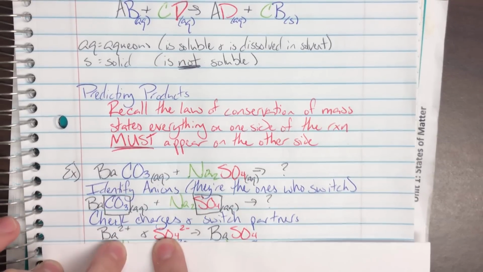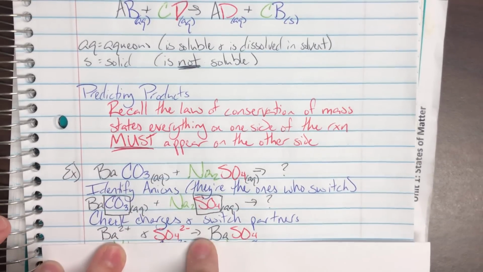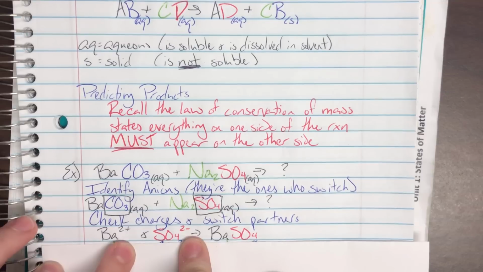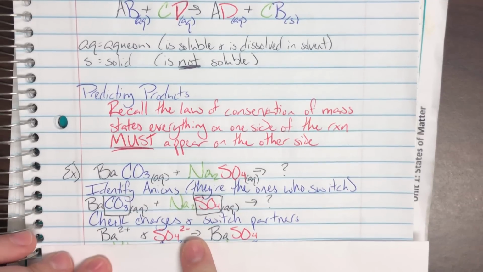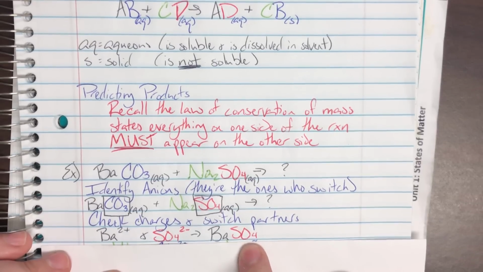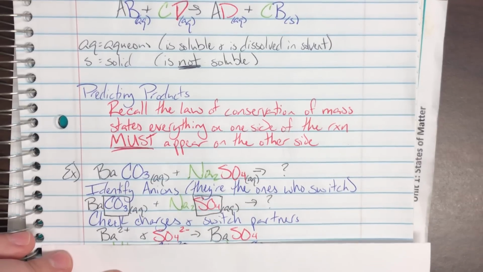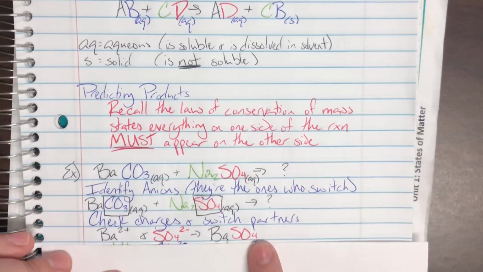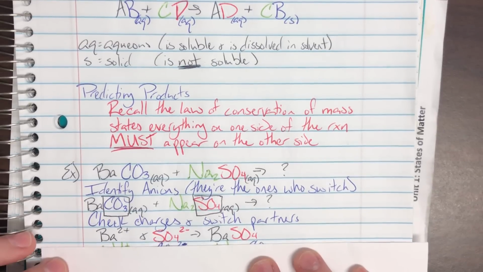So I'm going to go ahead and compare those. I see that +2 and -2 cancel. That leaves me with a neutral charge. So I can just say that those are going to be partners together, straight up. I don't have to have any extra bariums to cancel out the sulfate charge. I don't have to have any extra sulfates to cancel out the barium charge. So we're good with just BaSO4 for barium sulfate.